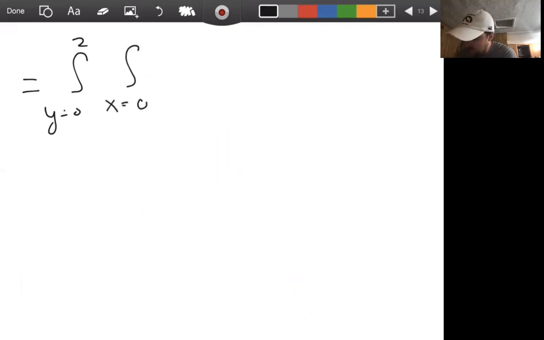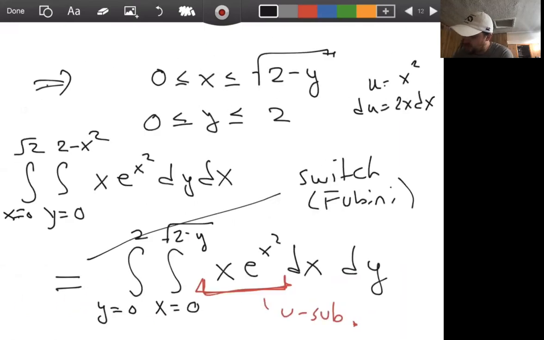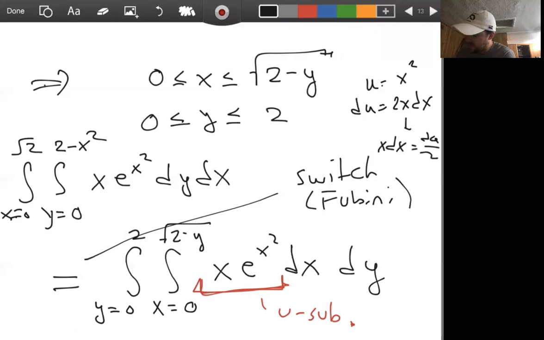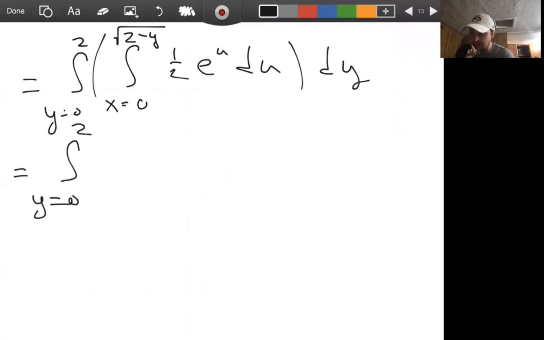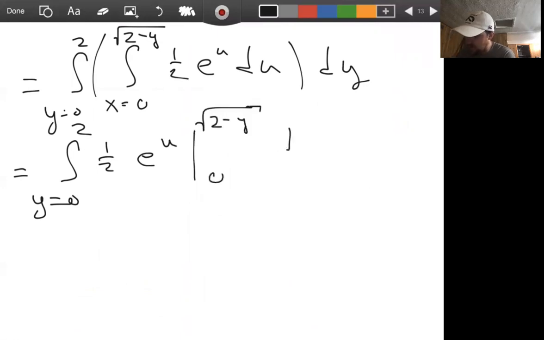So x goes from 0 to root 2 minus y, and it looks like from our u sub, we're going to get e to the u, and then x dx is du over 2. And so we're going to get 1/2 e to the u du dy, right? And so the reason I'm leaving the x bounds, although at the moment that looks incorrect, is because now when I integrate, I get 1/2 e to the u from root 2 minus y to 0 dy.